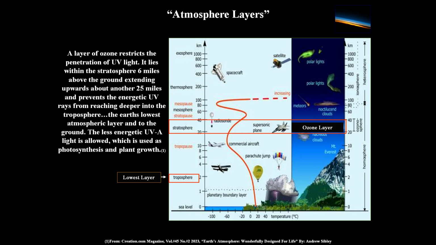The less energetic UVA light is allowed, which is used for photosynthesis and plant growth. You can see, guys, when you really look at this stuff, an intellect has put this together. This all did not come by chance.